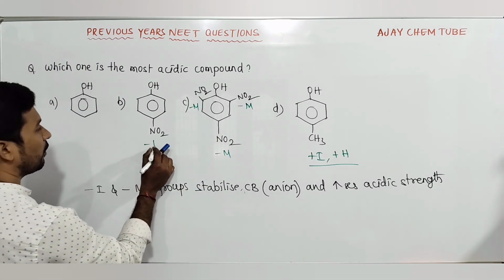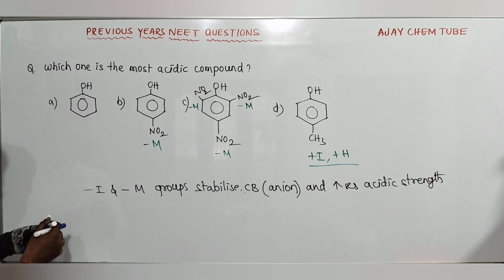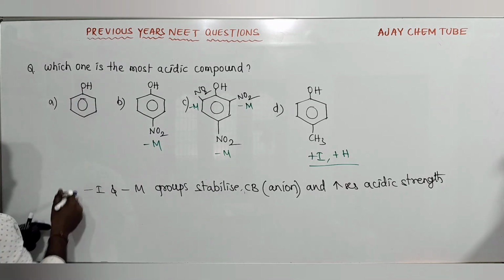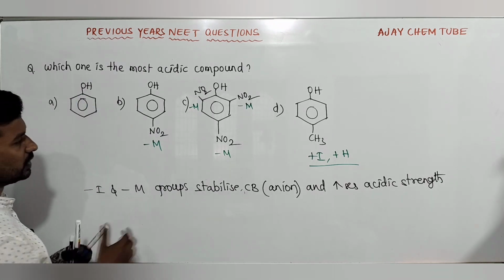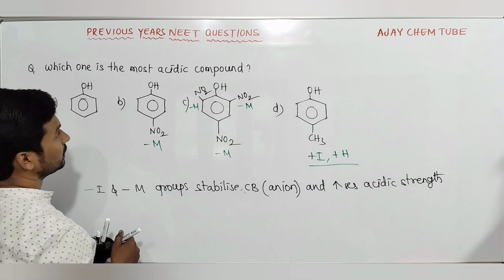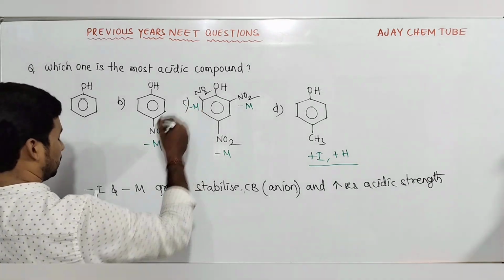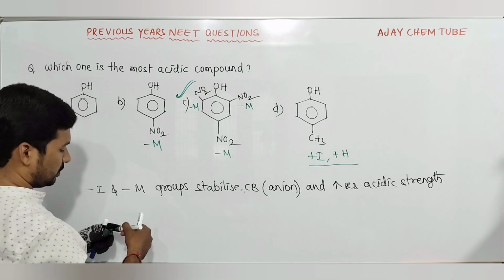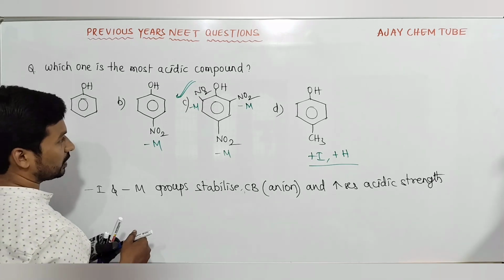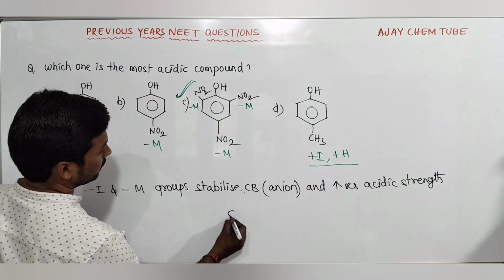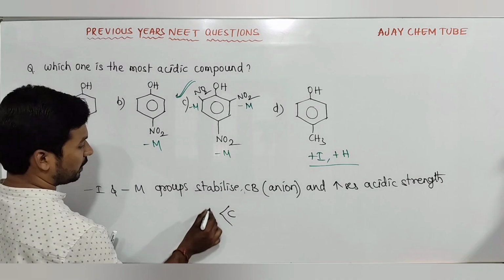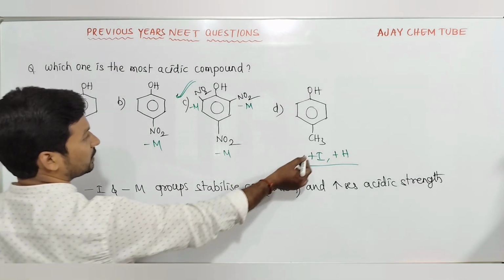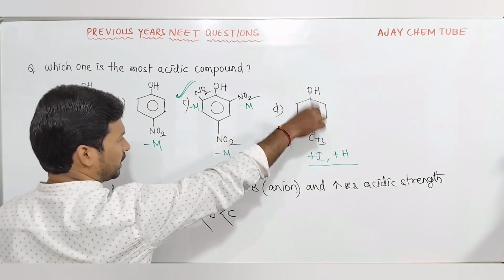Here only one minus M group, here neutral. Here nothing is there, means neutral. That means due to presence of 3 minus M groups, this has more. So first we can write the acidic strength order also. The strongest acid is C. After C we have B. After B, this is negative effect.